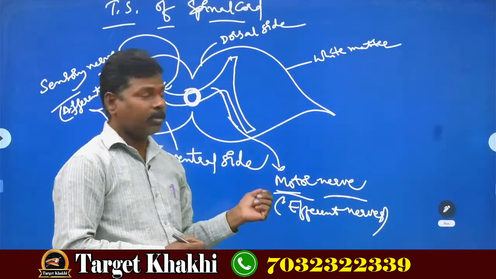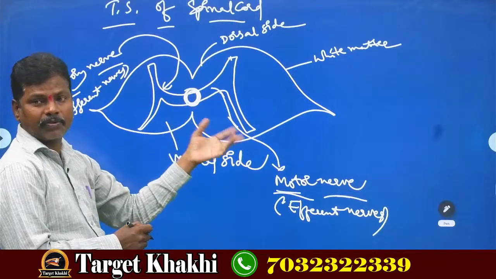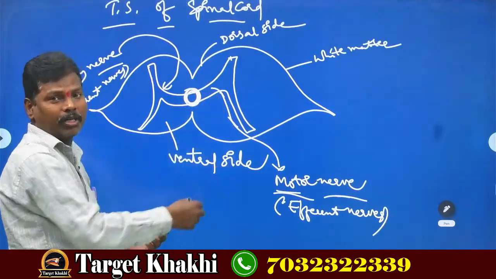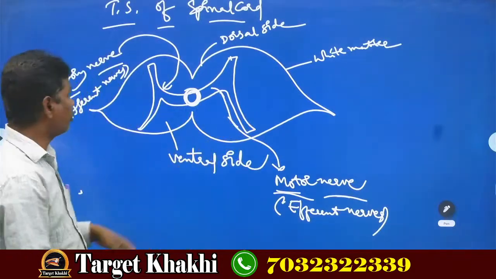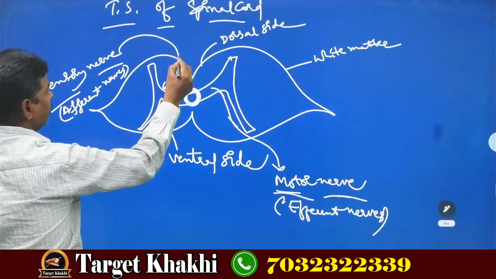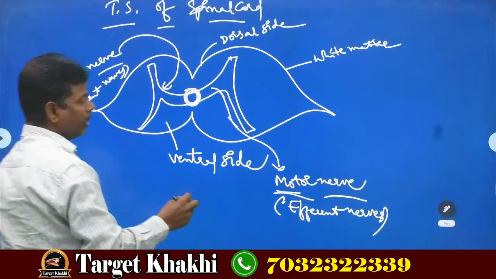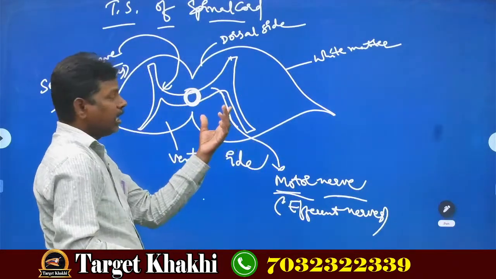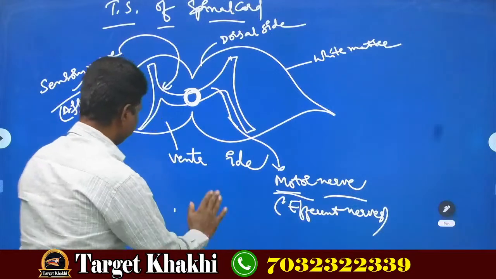The nerves which arise from inside of the spinal cord, from the H shape. Sensory nerves are connected with the H shape, but motor nerves arise from the gray matter which is present like an H shape.